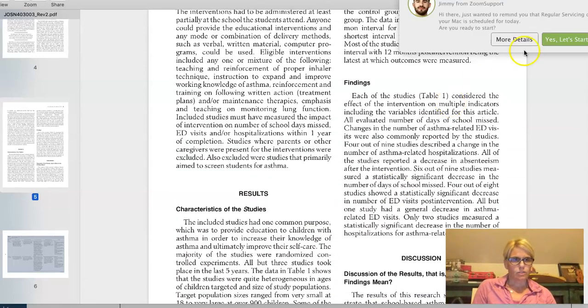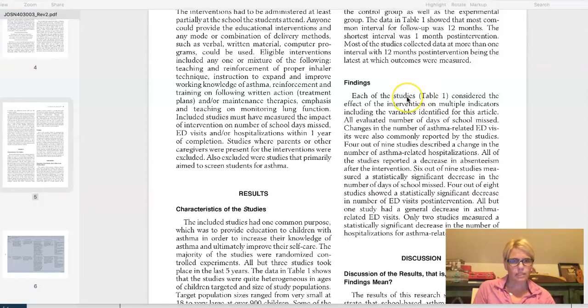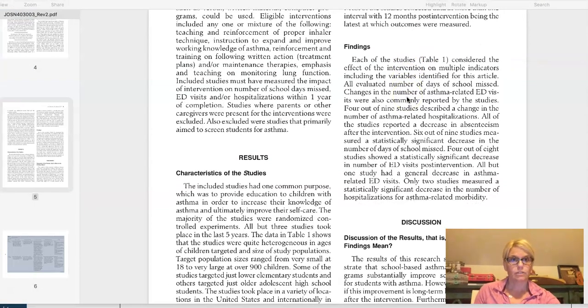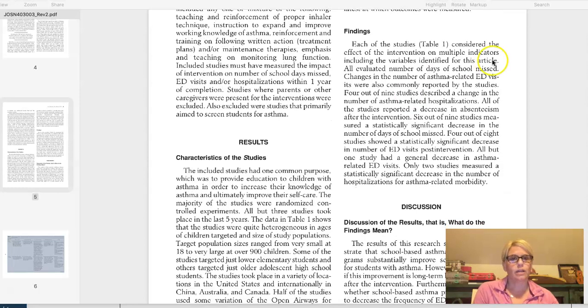And then she talked about the findings. Here is where you would talk about your very last column, the significant and non-significant relationships or the efficacy of the intervention. Each of the studies considered the effect of the intervention on multiple indicators. They all evaluated the number of days of school missed.